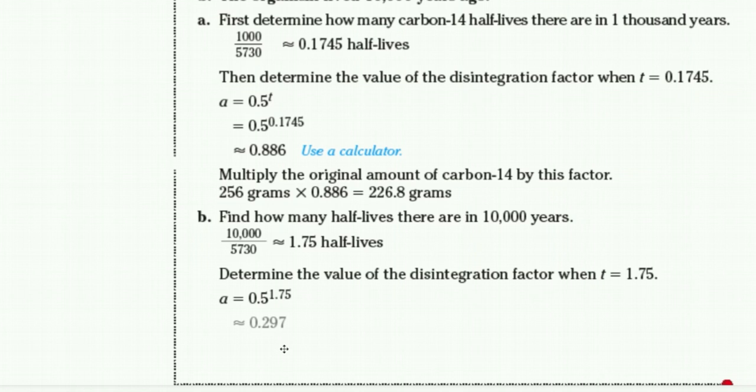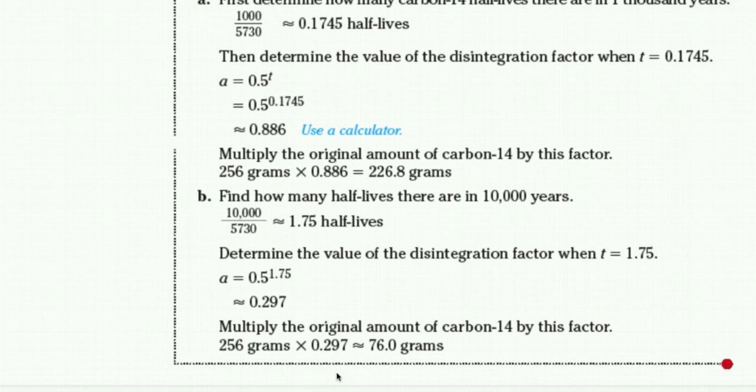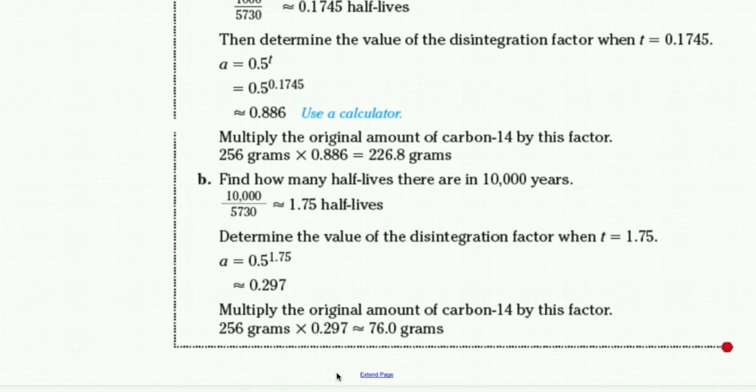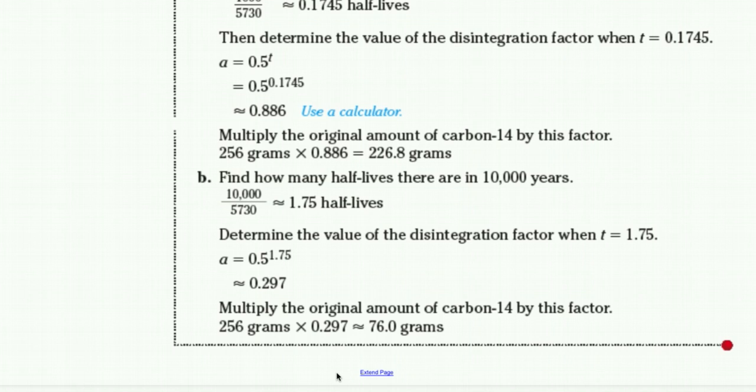Using a calculator, it'll be 0.297, and then we get that number and again multiply it by 256. We end up with 76 grams. Okay, so after the organism lived 10,000 years ago, it would have 76 grams of carbon 14 remaining. Okay?